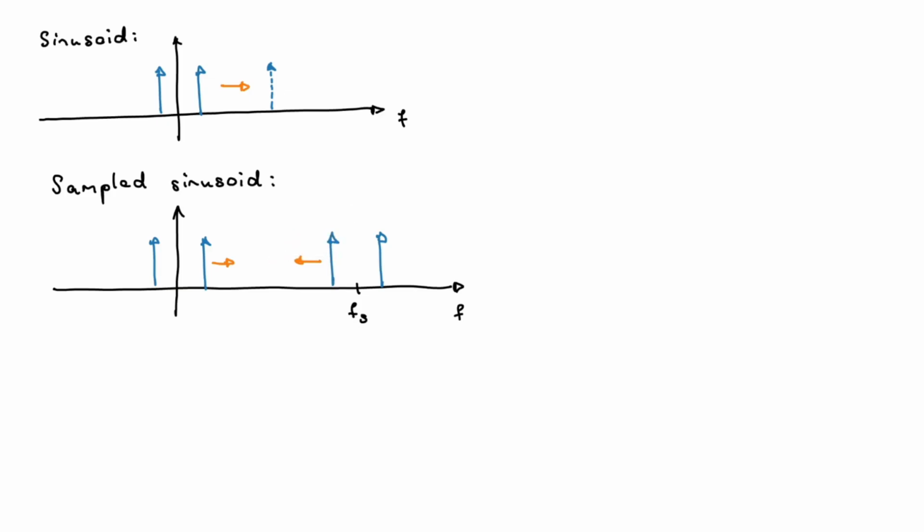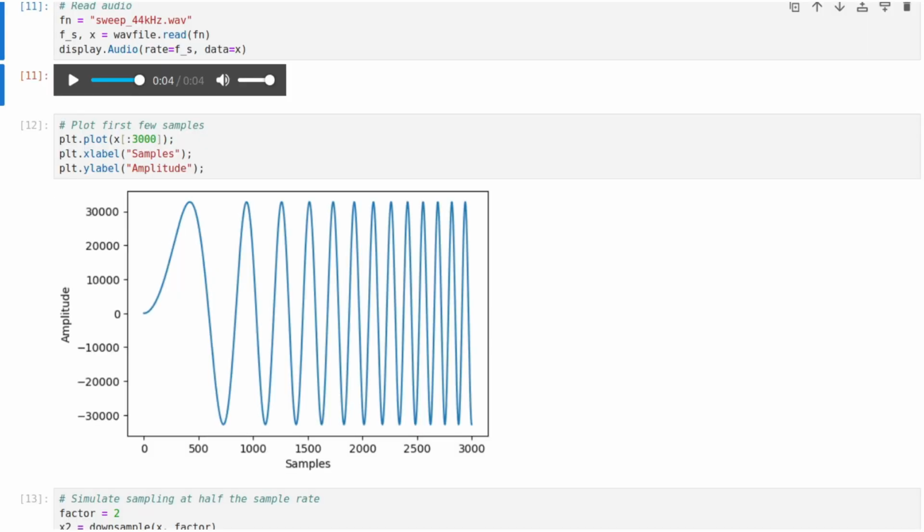Everyone with me? If we sample high enough, it's fine. We will stop at that point, at the highest frequency of the signal. But if we don't sample high enough, this one is going to go into that side, and we're going to basically hear that copy going into the part of the spectrum that's audible.